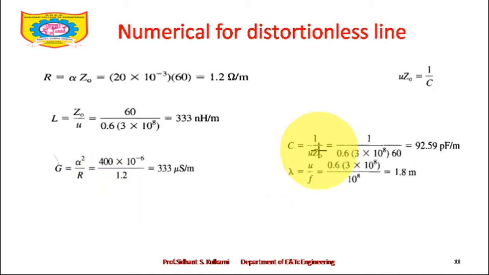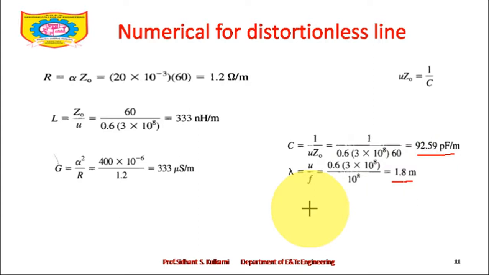And C is equal to 1 upon U Z0, because U Z0 equals 1 by C. This U is nothing but the velocity, 0.6 into 3 into 10 raised to 8, and Z0 is 60, you will get this as 92.59 picofarad per meter. And lambda equal to U by F, where velocity is given in terms of U, 0.6 into 3 into 10 raised to 8 divided by 10 raised to 8, the 10 raised to 8 cancel, and you will get 1.8 meter.